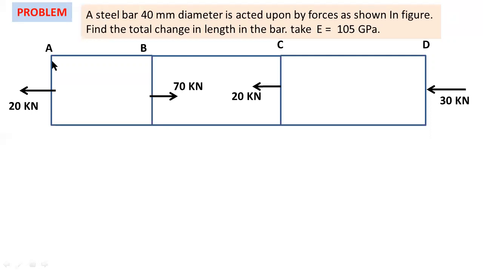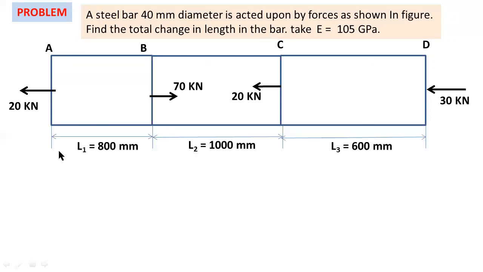Here you can observe the same figure we already discussed in the previous problem. This also has a uniform cross section, that means the same diameter. The diameter of AB, diameter of BC, and diameter of CD, these three are the same, so the diameter equals 40 mm.